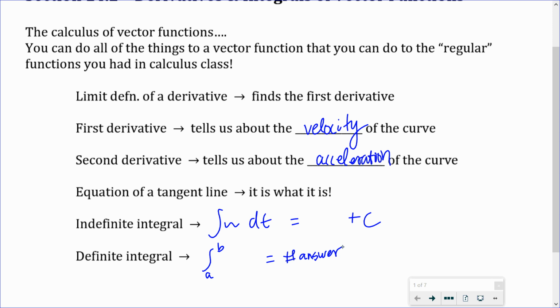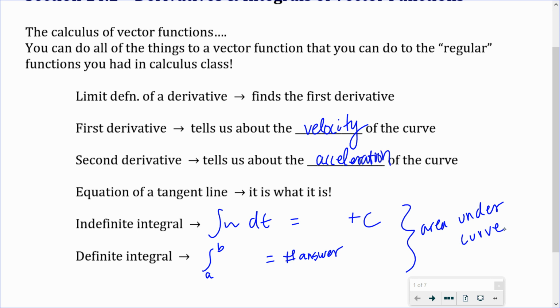And last year in calculus, an integral told you what on a picture? Area under the curve, right? And later when we do it in 3D, an area turns into a volume in a way.